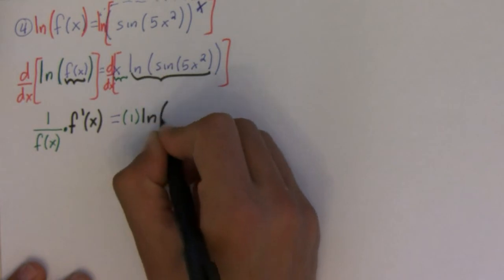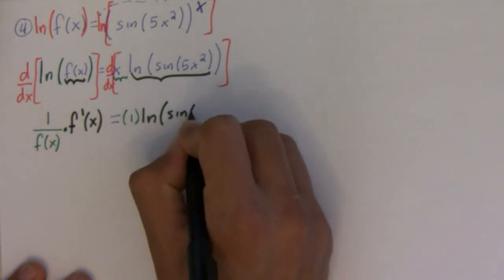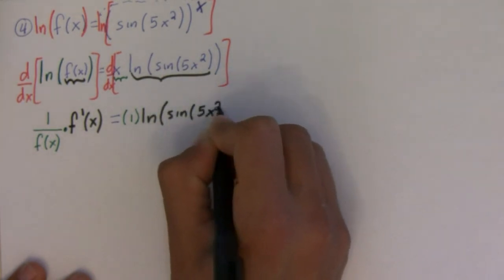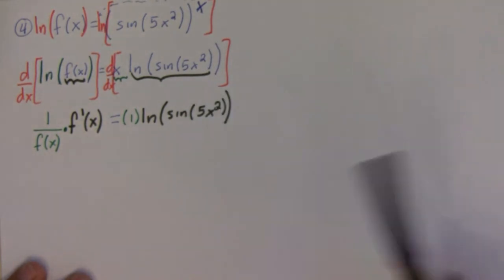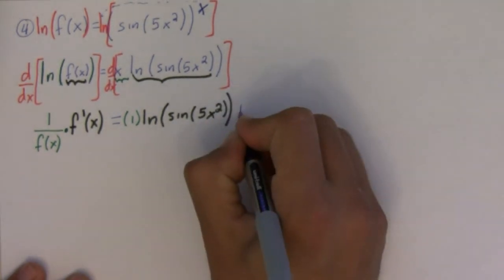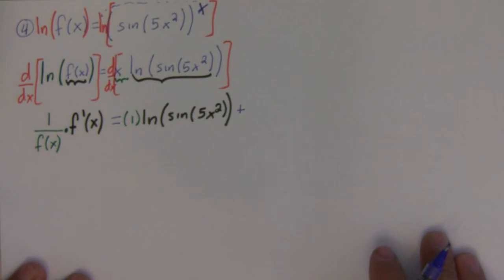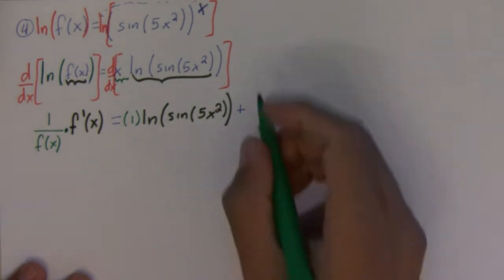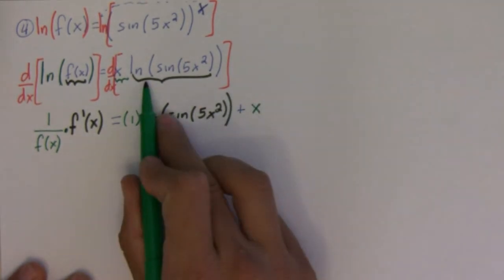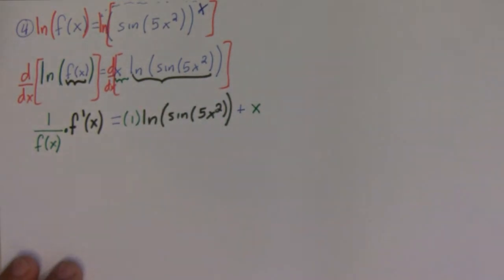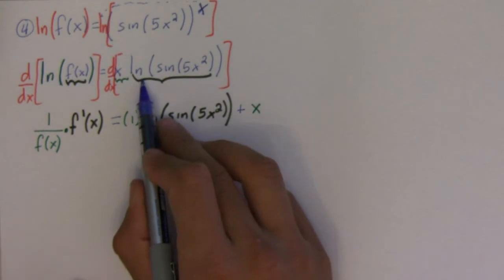So natural log of sine of 5x squared. Okay, and then plus the first, leaving it alone, times the derivative of the second. Now, here for the derivative of the second, we have to use the chain rule again.